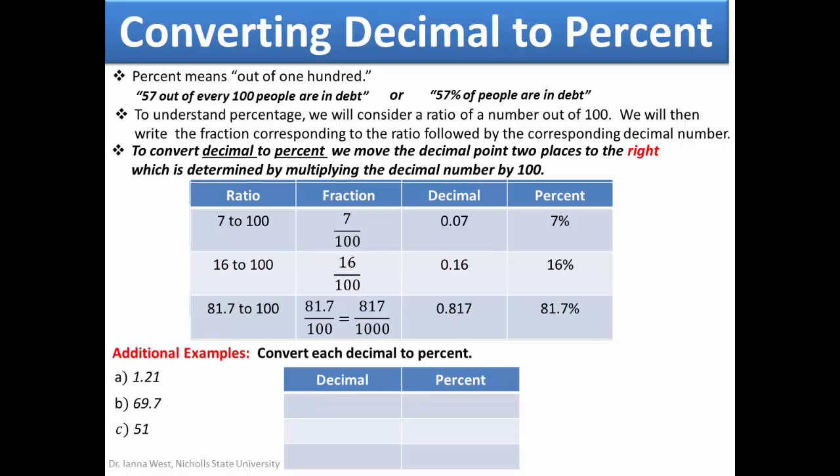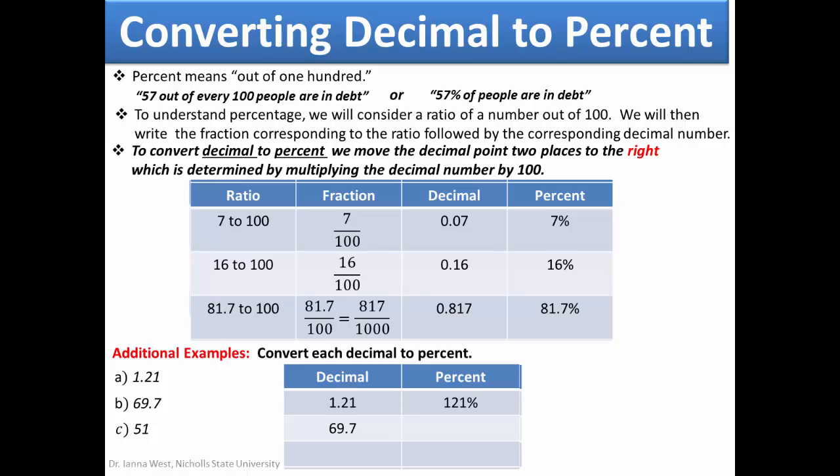In this part, we will convert each decimal to percent simply by moving the decimal point 2 places to the right. For our first example, 1.21, if we move the decimal point 2 places to the right, we would get 121%. For the next example, 69.7.